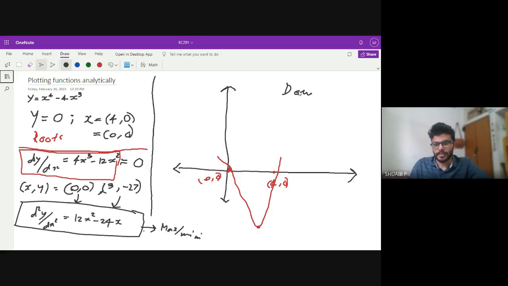So the domain of the function will be R, and the range will be from minus 27 to infinity.